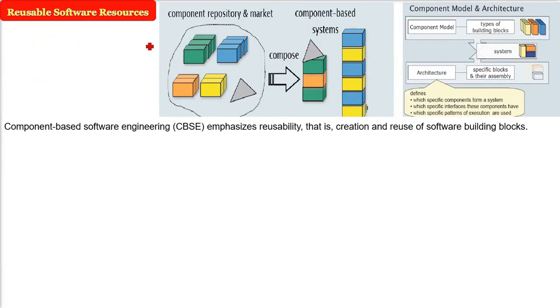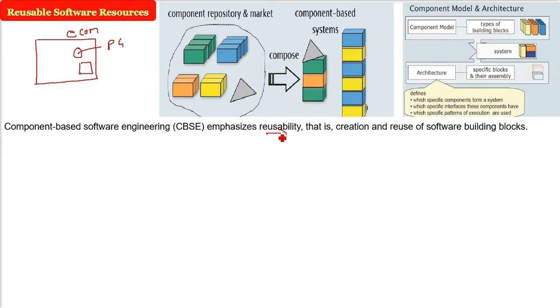Reusable software components or reusable software resources. Now we are talking about, say, an e-commerce website you are making. There's a payment gateway, there'll be a calendar. So there are so many parts of that particular software or the app. You don't need to reinvent the wheel. So component-based software engineering emphasizes reusability.